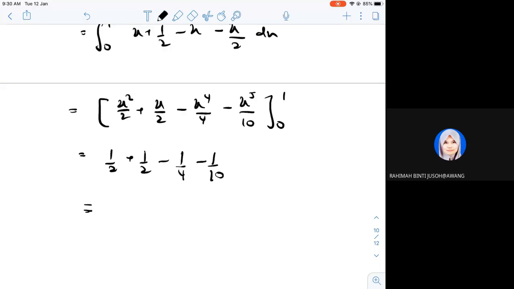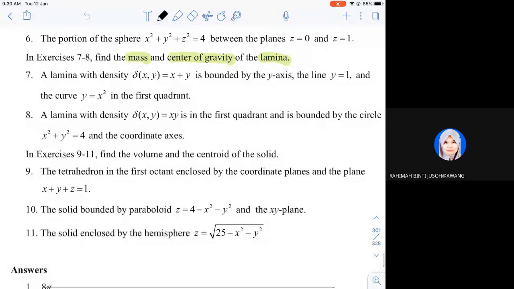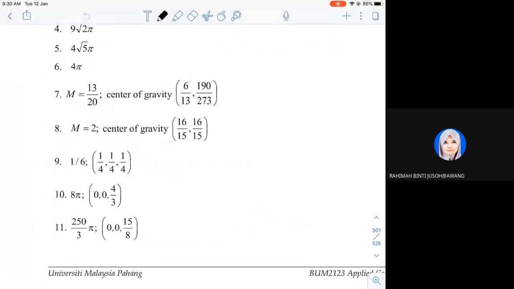What's the answer, guys? 13 over 20. Yes, 13 over 20. Right? Check first, which question number? 7 earlier. 13 over 20, yes.